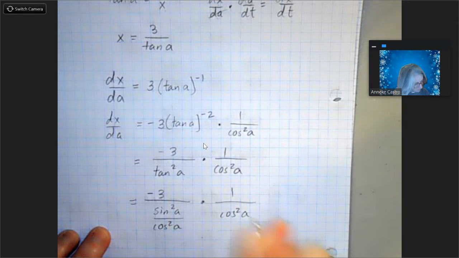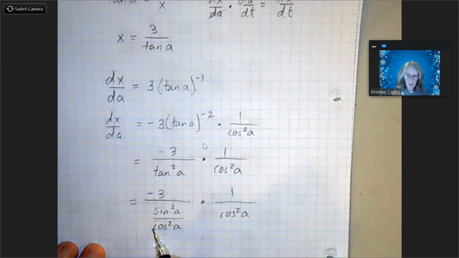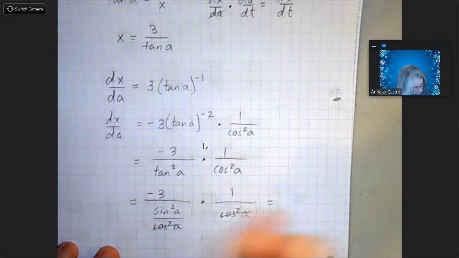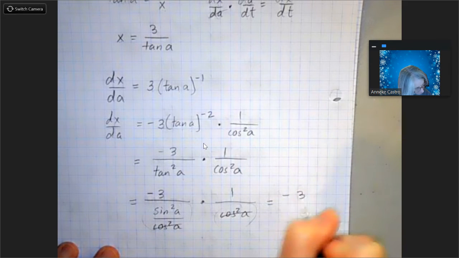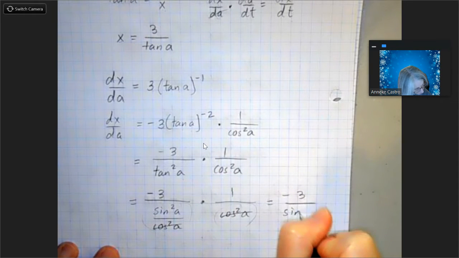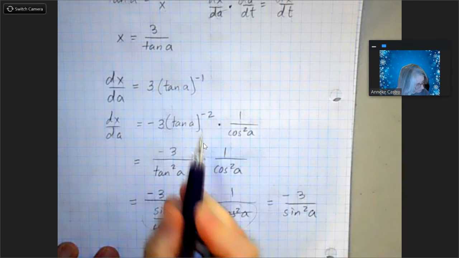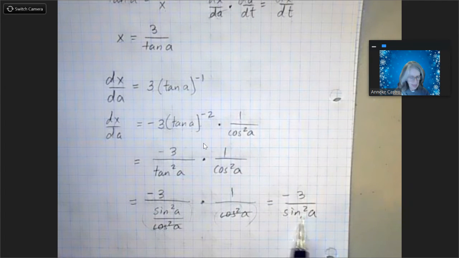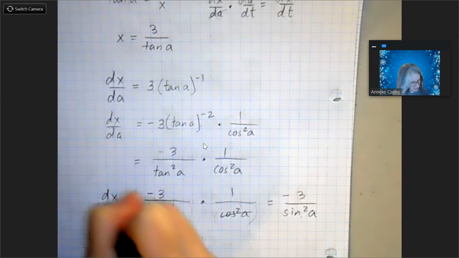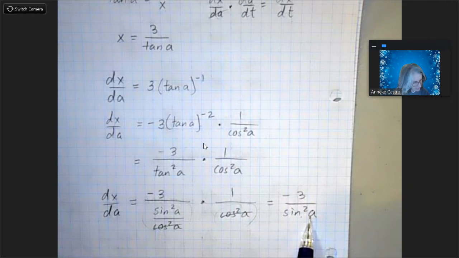And then look what happens. Oh, I can get rid of the cosine squareds, okay? Because I'm just multiplying my denominators together. So that's going to just equal 1, so that goes away. And I'm left with -3 times 1 is -3 over sine squared A. All right, so that big mess just simplified to this. And that is my dx dA.